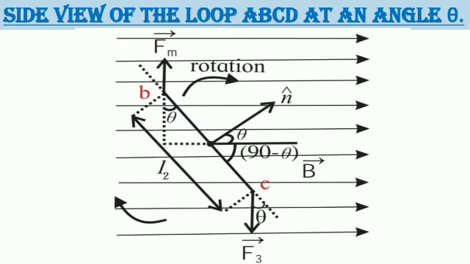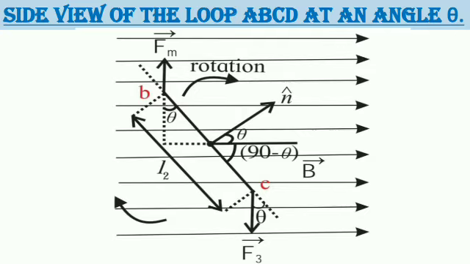So this is the side view. Here we have considered the side view of the loop ABCD. We can see the BC side of the loop ABCD, which is kept in a uniform magnetic field, that is vector capital B.